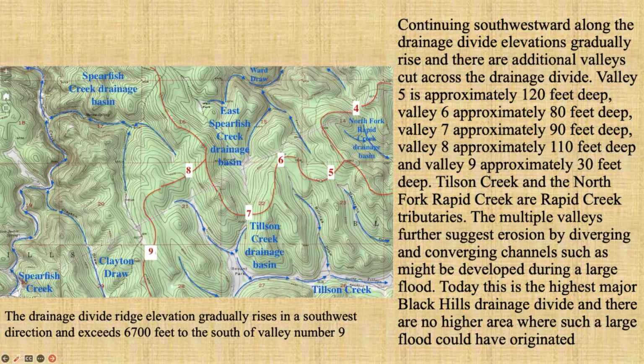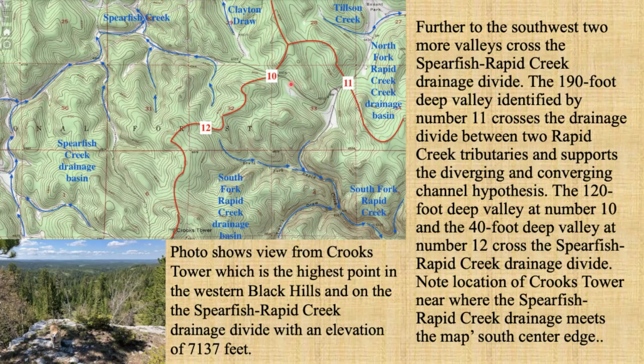Let's continue to the southwest. Here is the drainage divide coming down here. This is the drainage divide between Tilson Creek, which flows to the North Fork of Rapid Creek, and the South Fork of Rapid Creek. And we'll notice that there's a deep valley here that's about 200 feet deep between these two here.